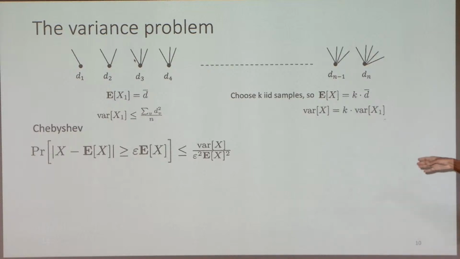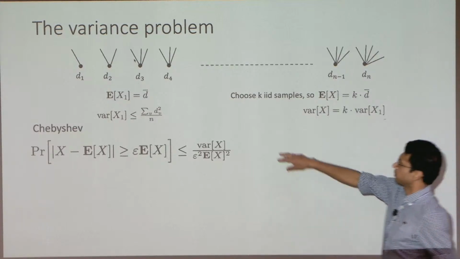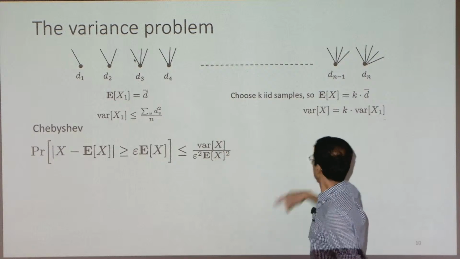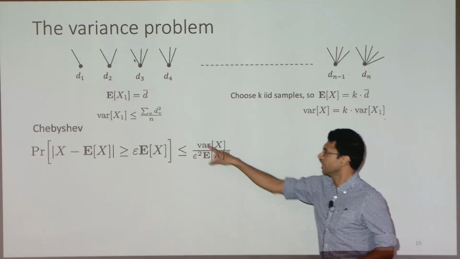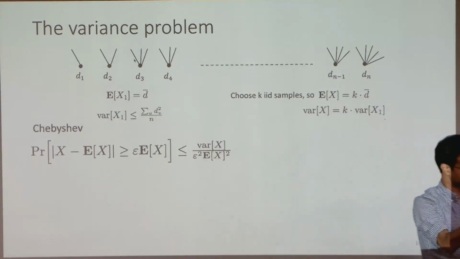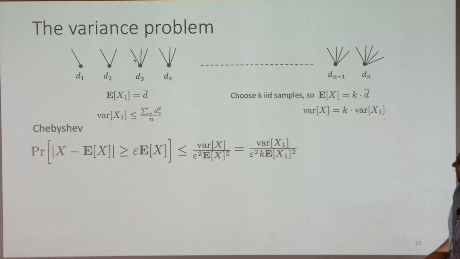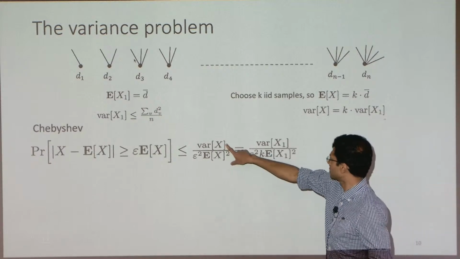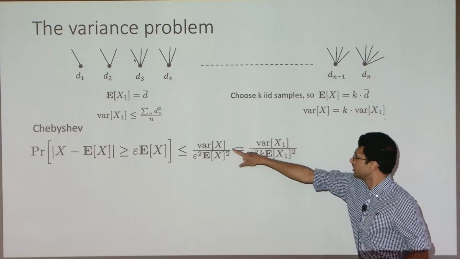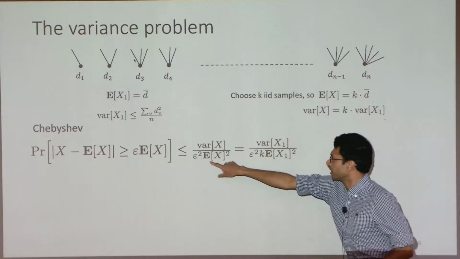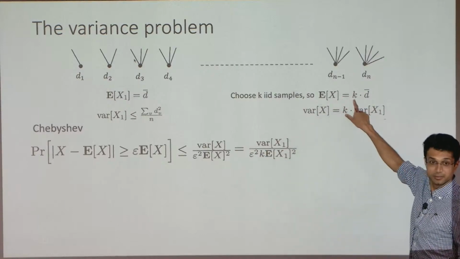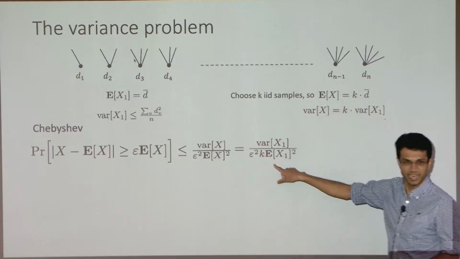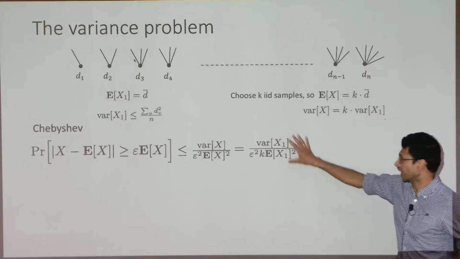I just wrote down Chebyshev. Now I'm just going to plug in these quantities over here because I can express the variance of X in terms of the variance of a single sample, which is x1. Okay, so that gives me k times the variance, and in the denominator I'd get a k squared because I have k times the expectation squared, so I just canceled it out for you. Okay, so I get this expression.